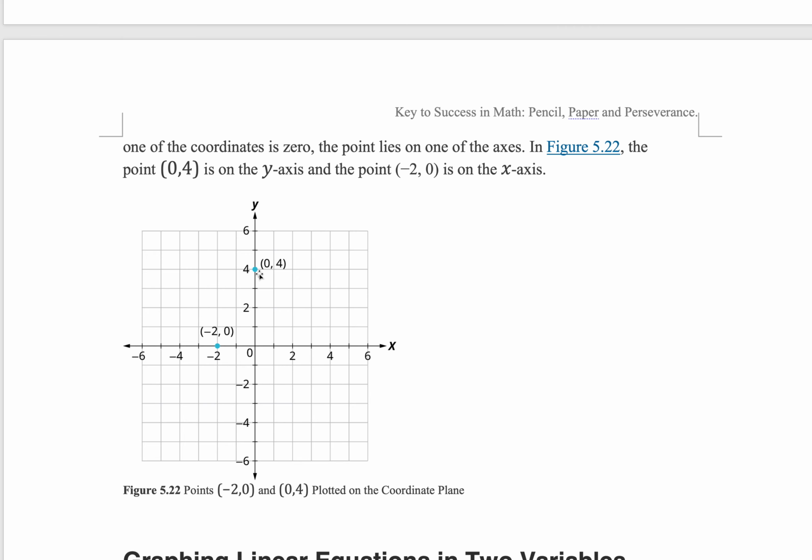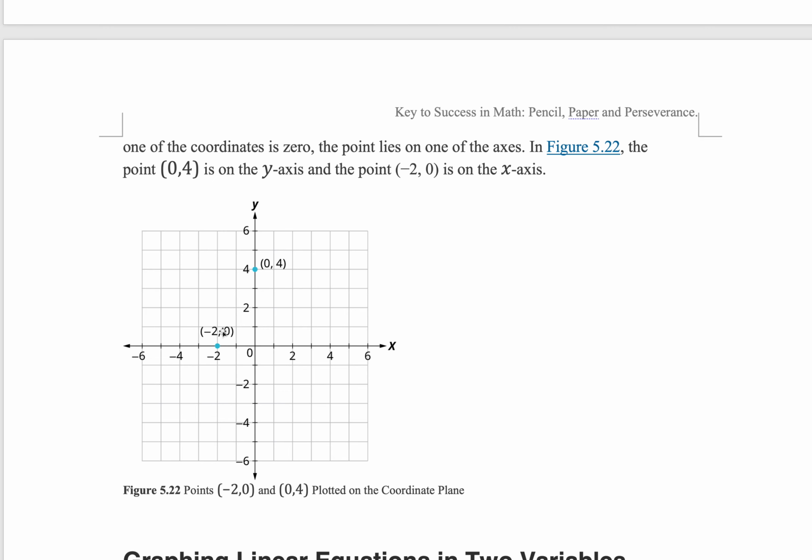This bluish dot is for the ordered pair 0 and 4. And we also have another ordered pair, -2 and 0. The y coordinate is 0, which means it has to be somewhere on the x-axis, and the x coordinate is -2. So that is this point, for the ordered pair -2 and 0.